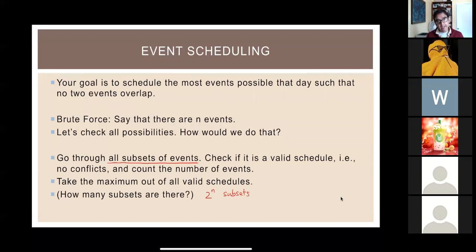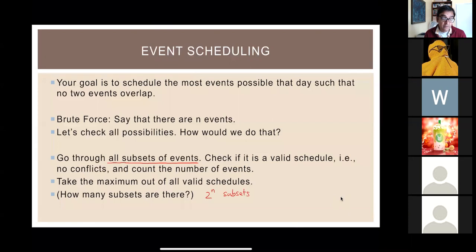We have these n events, and for each event, we can either take it or leave it. Dadian has put it well: each one, take it or leave it. So we have 2 choices, take or leave, take or leave. It's 2 times 2 times 2 times 2, so we get 2 to the n possibilities.